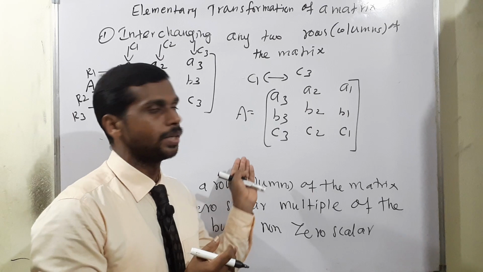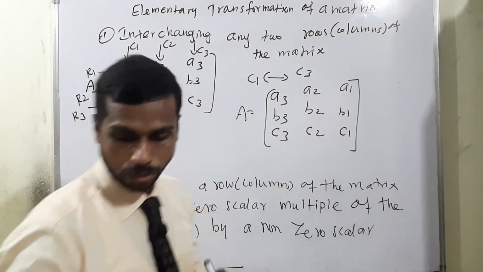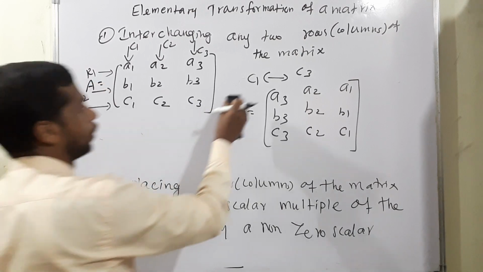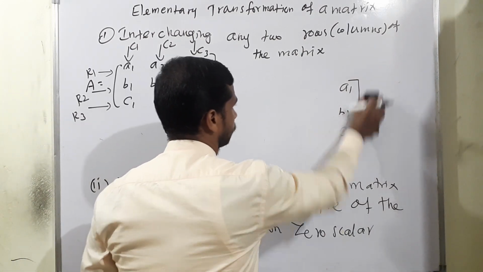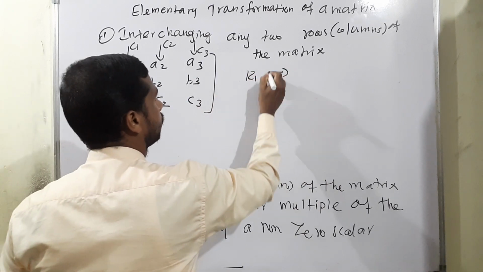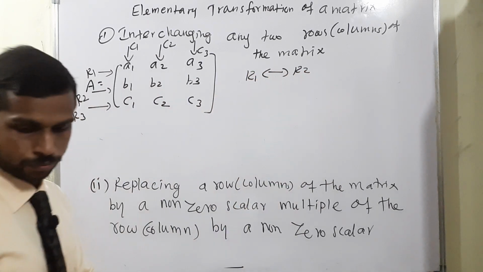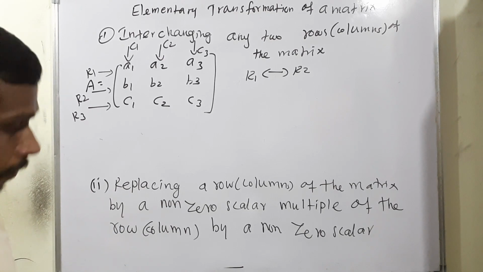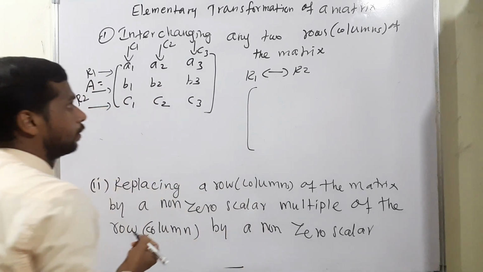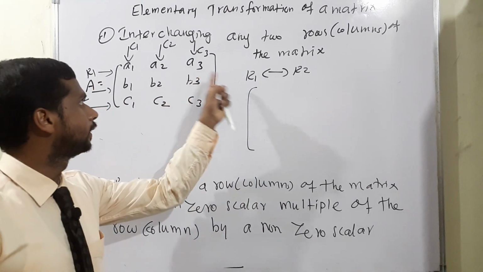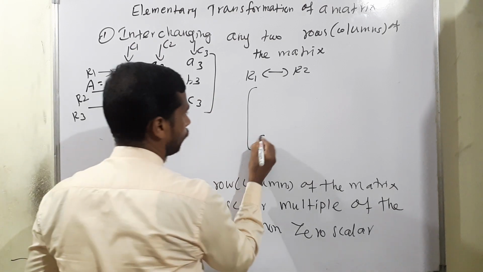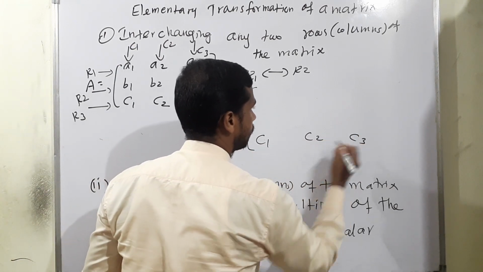As well, we can interchange row 1 and row 2. R1 interchange R2, what will happen? R3 stays as it is, and C1, C2, C3 remain as they are.